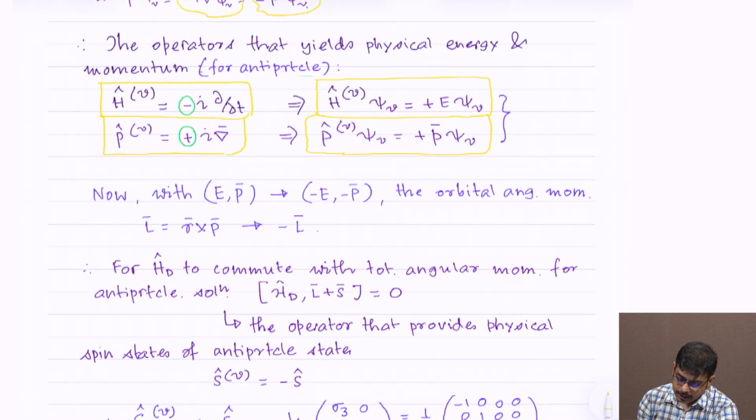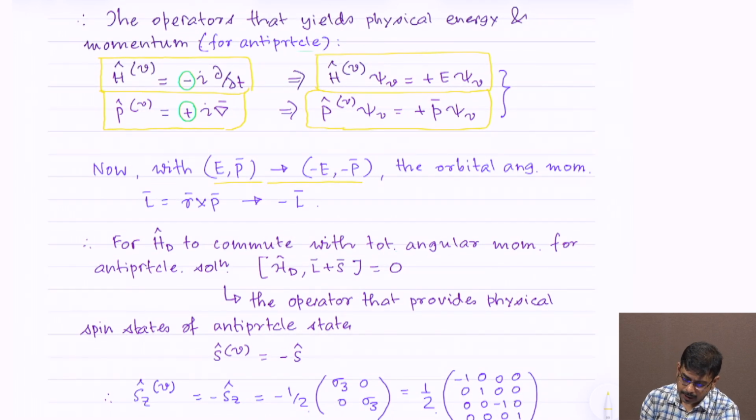So, with E and p going to minus E and minus p, the orbital angular momentum L will go to minus L, because r cross p becomes negative as p is flipping sign, right.